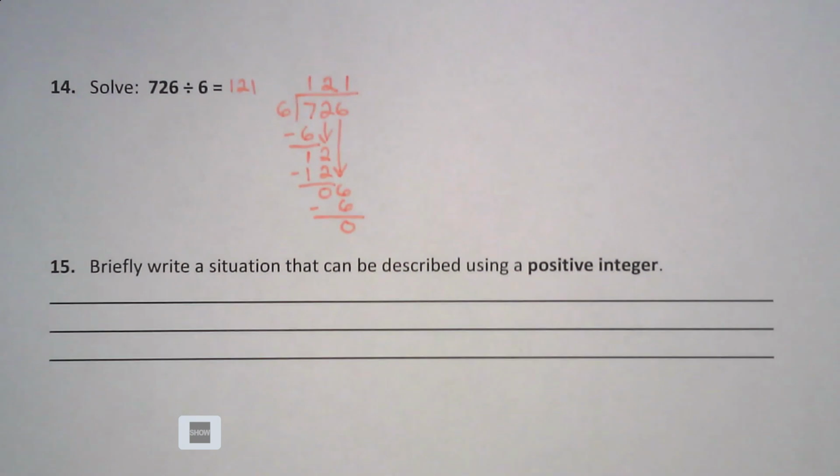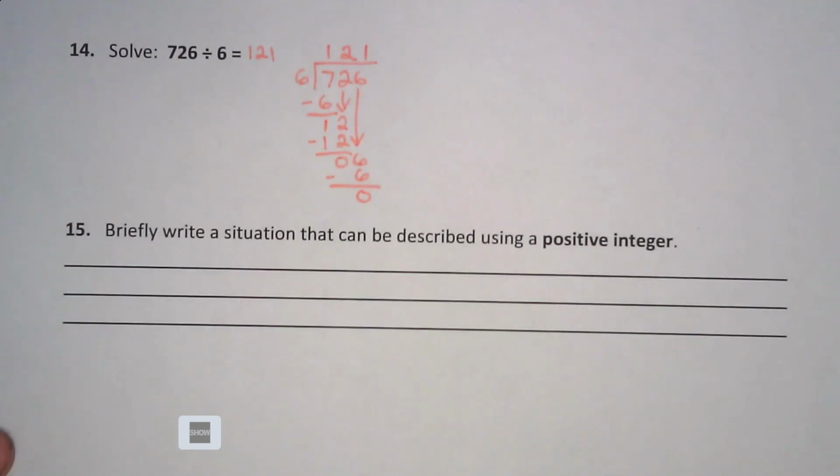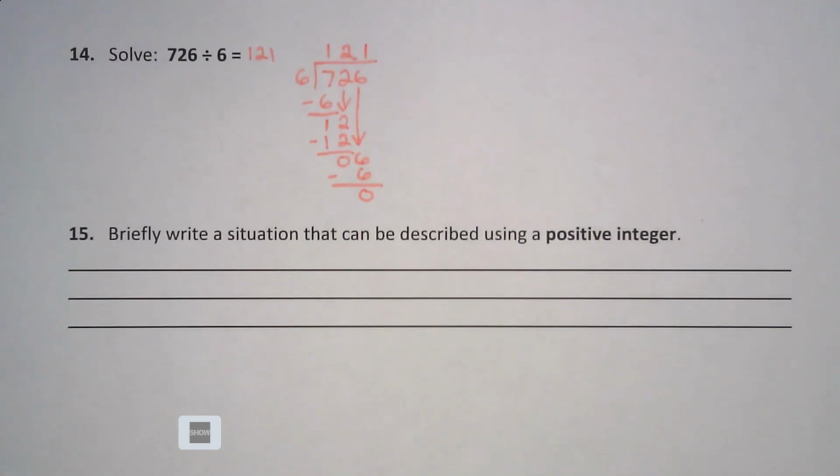And last but not least, number 15. Briefly write a situation that can be described using a positive integer. Okay, so let's come up with a fun situation. I'm going to choose Mrs. Clark, one of the social studies teachers here. And I named her for her math DJ name. She is Clapback Clark.